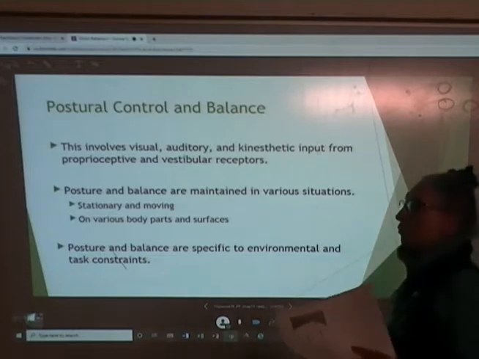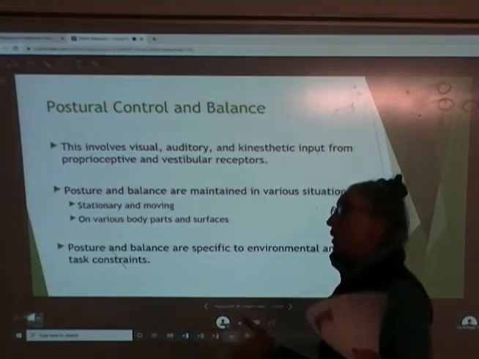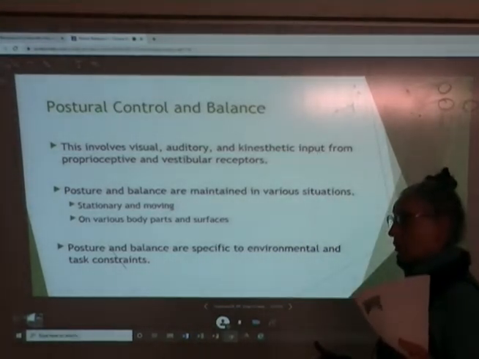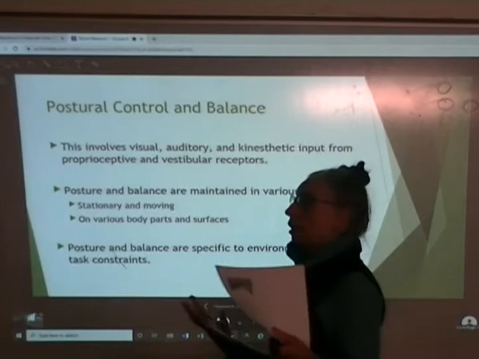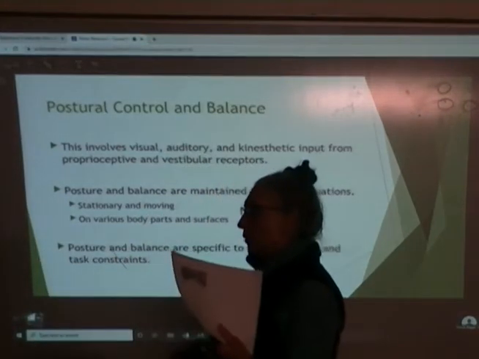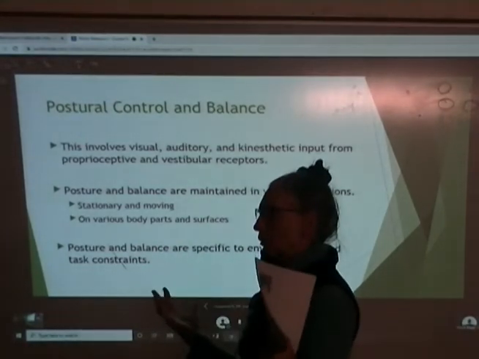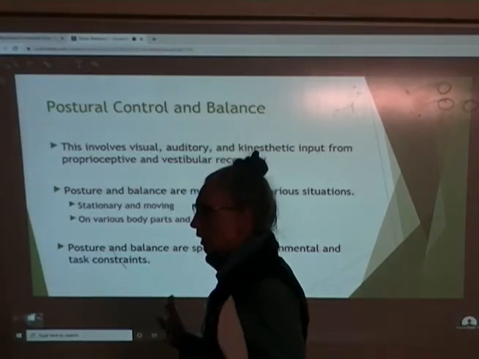We also have to consider different body parts. We don't always balance on our feet, right? So with the balance pads that I have, that I play with the children on, sometimes we balance on our knees, sometimes we balance on our bottom, sometimes we balance on our tummy, right?